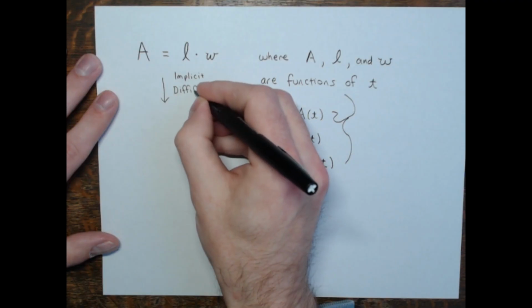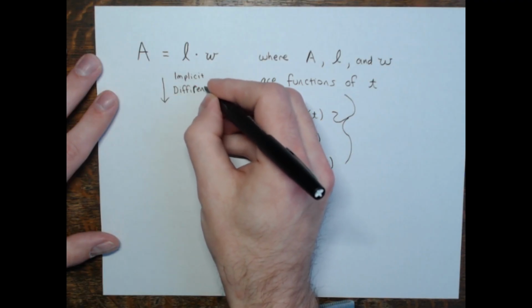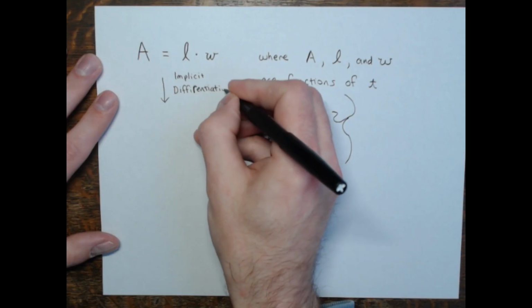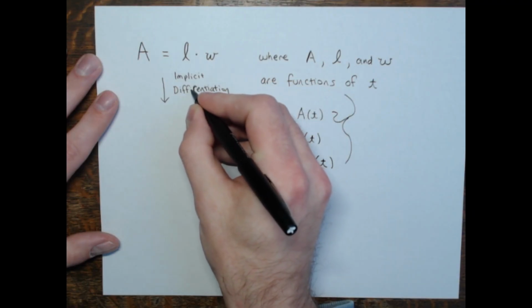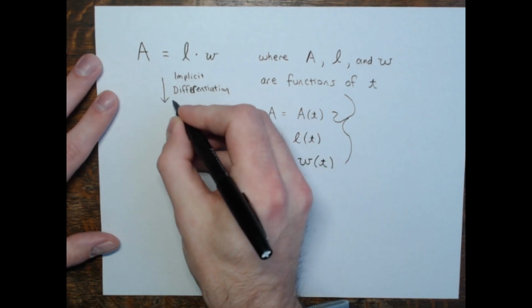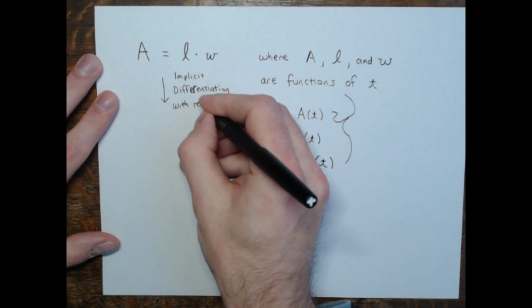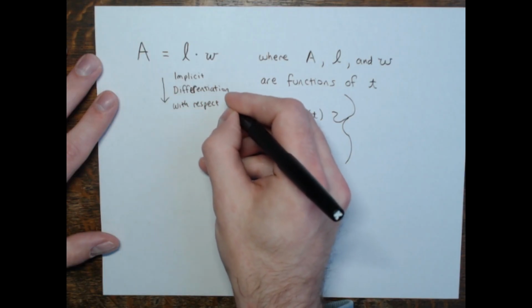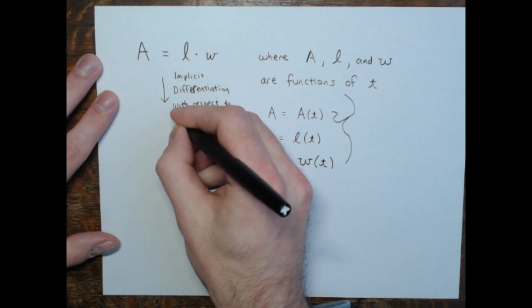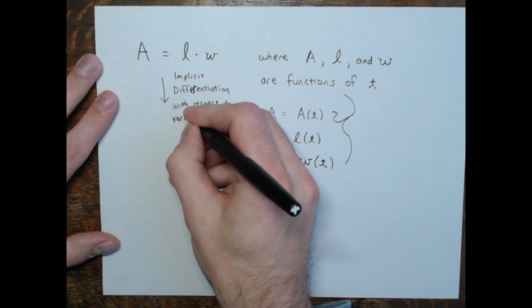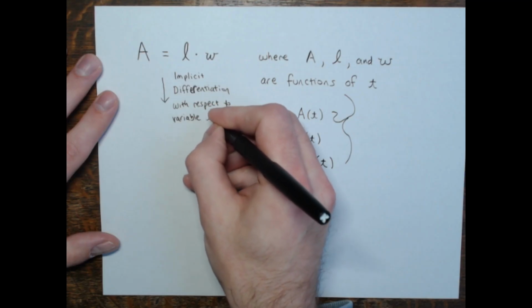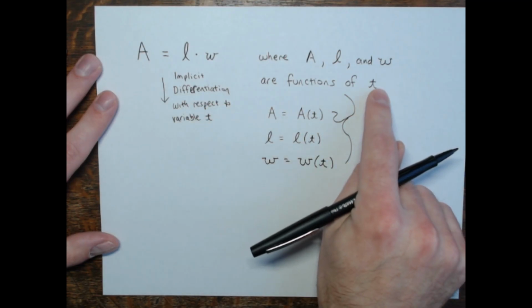So I'm going to do implicit differentiation, sorry, differentiation with respect to this variable that every quantity depends on. So that's the variable t.